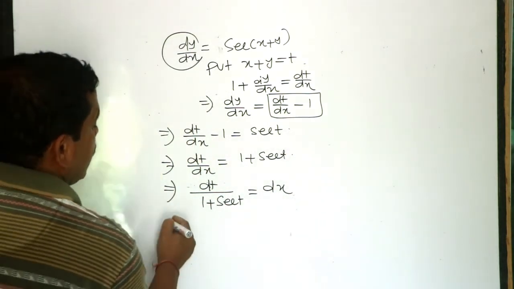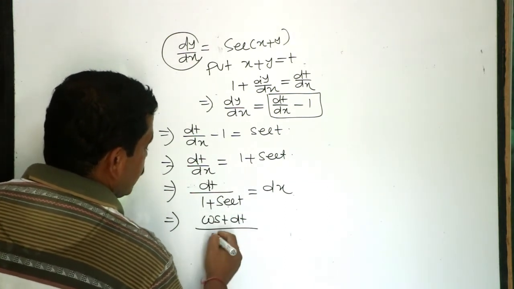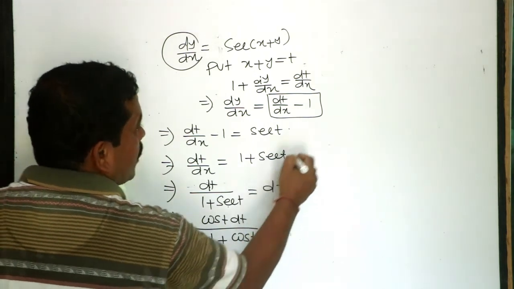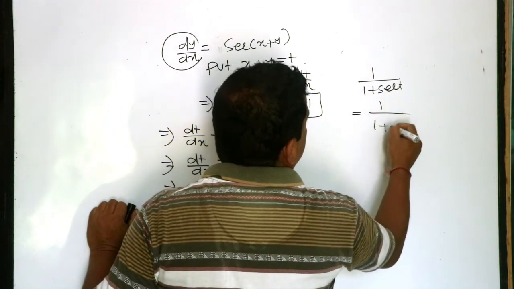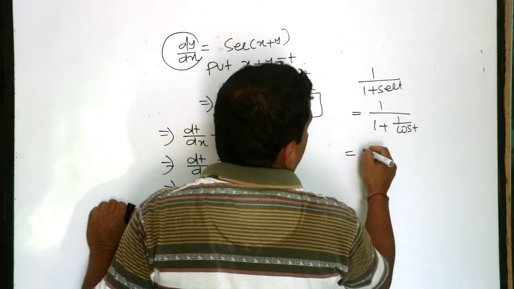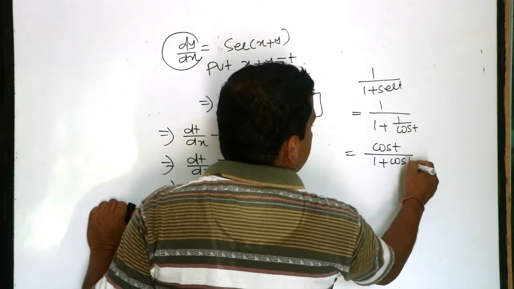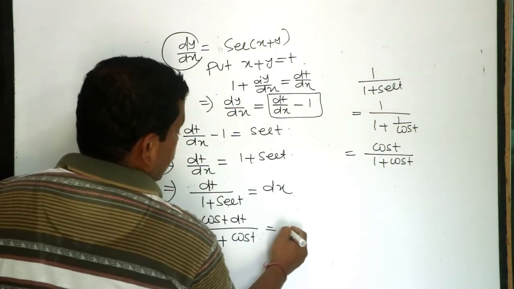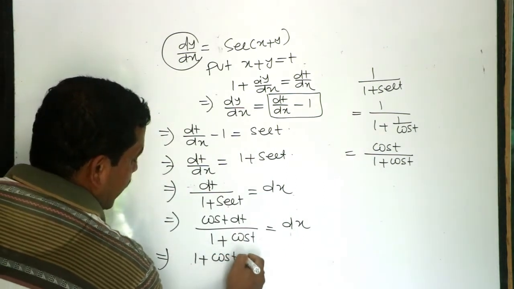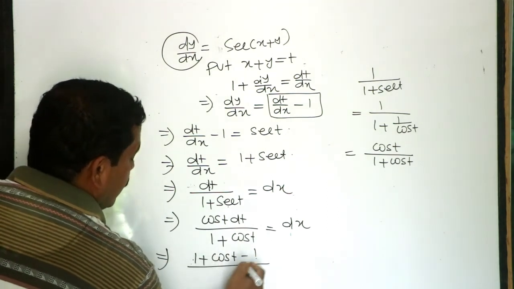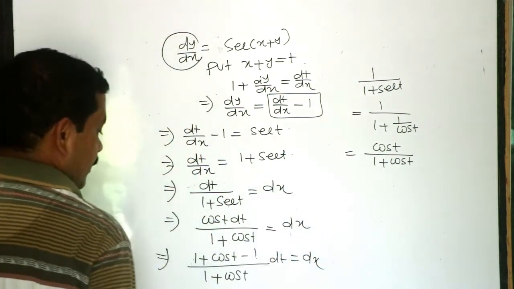Then we have to integrate. Now converting sec t as cos t, because 1/(1 + sec t) means 1/(1 + 1/cos t). After simplification, that will be cos t/(1 + cos t) dt = dx. Now add 1 and subtract 1: (1 − 1/(1 + cos t)) dt = dx.